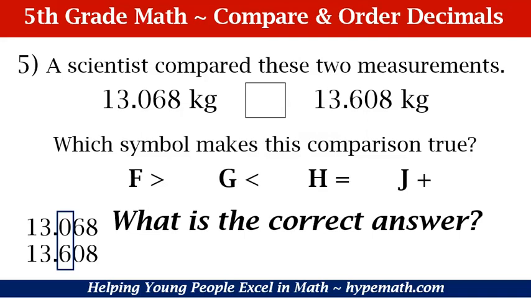Is it H, 13.068 kilograms is equal to 13.608 kilograms? Or is it J, 13.068 kilograms plus 13.608 kilograms? Which of these answers are correct?